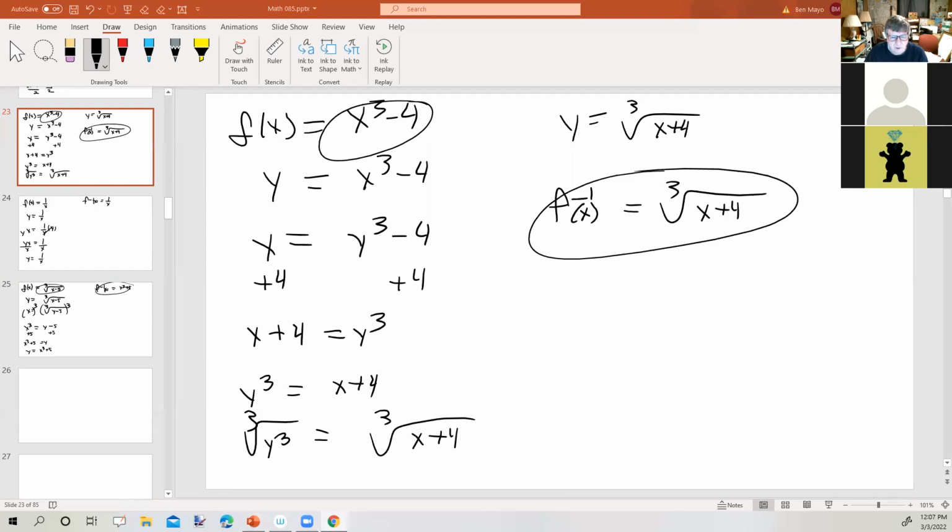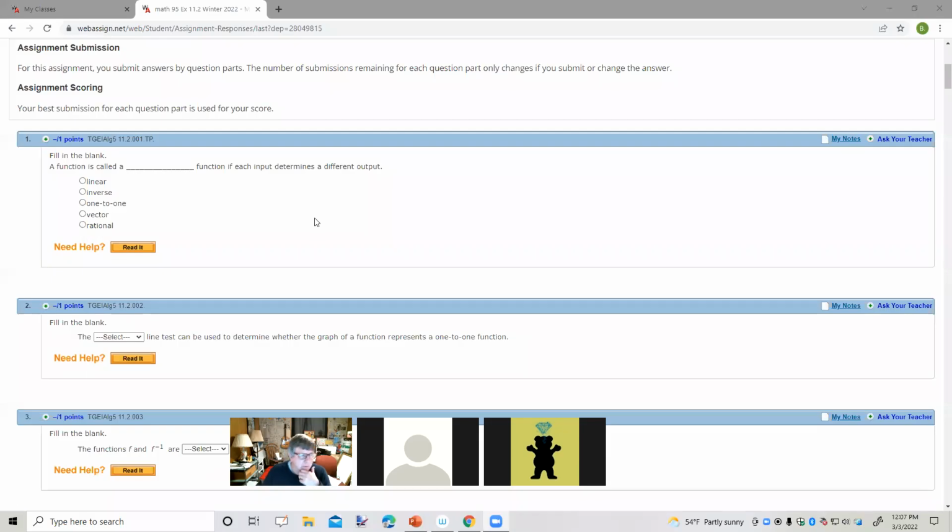And let's see here. I know you can't see what I'm doing yet. I just want to get to where I'm going and then I'll switch the screens. So student view. This is section 11.2. Here is your assignment 11.2.